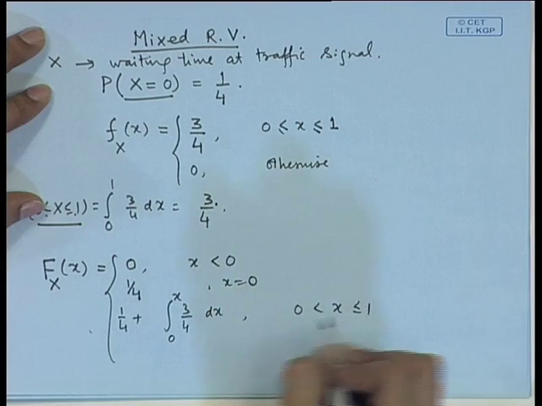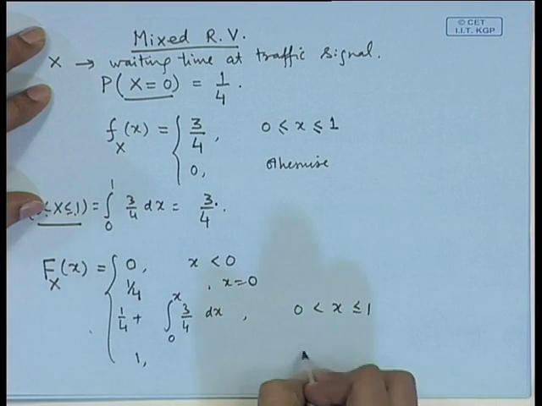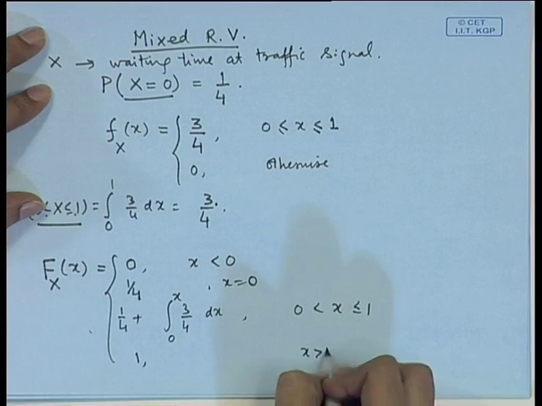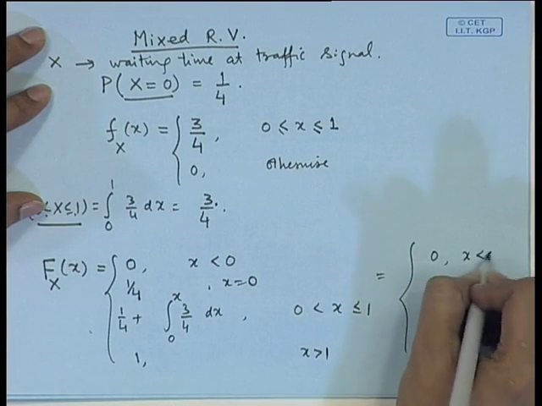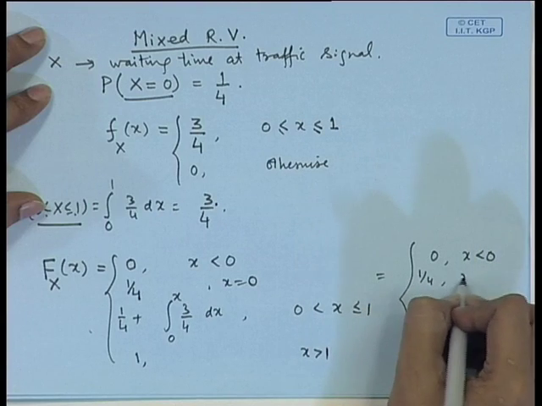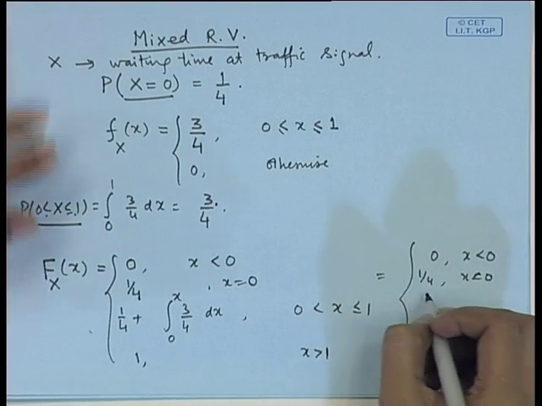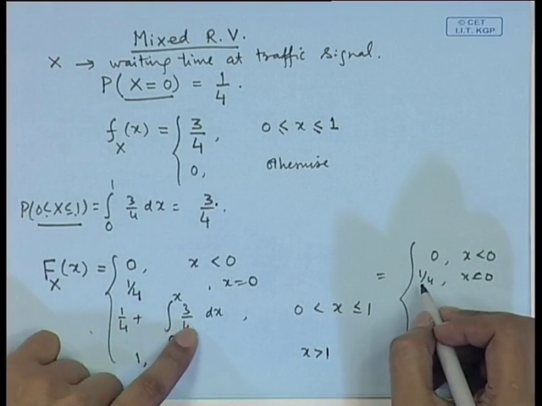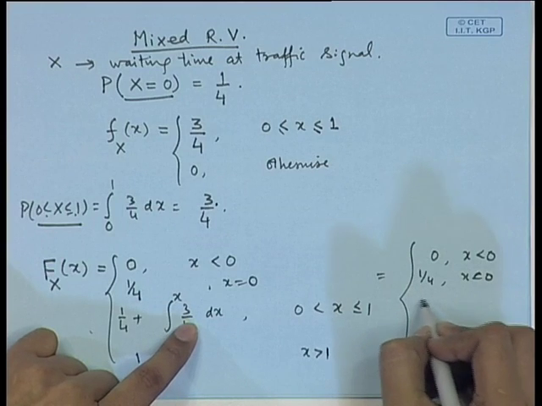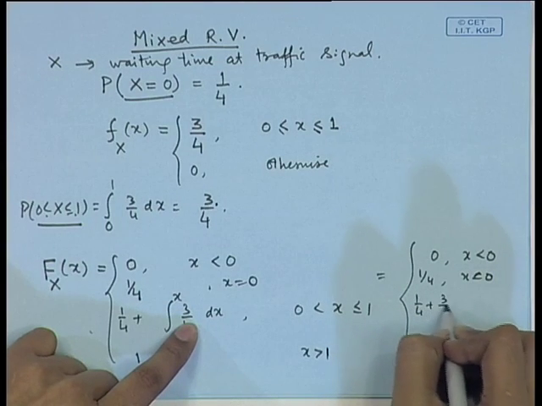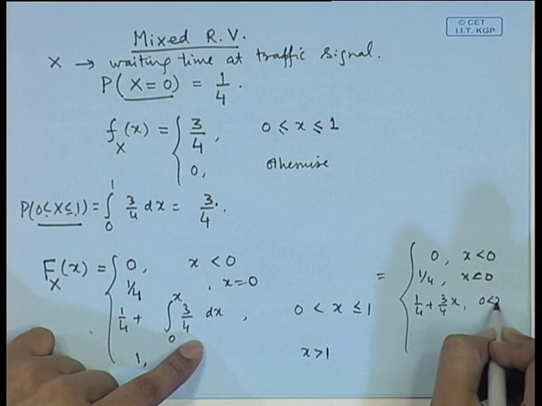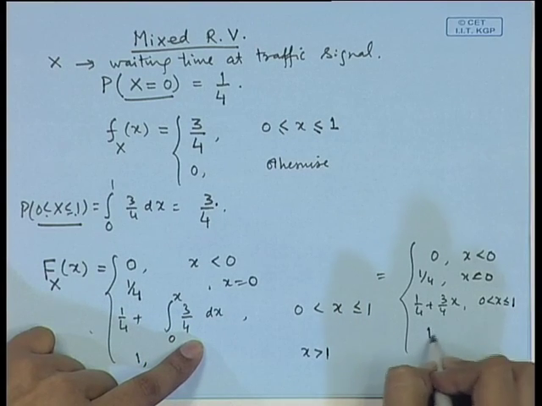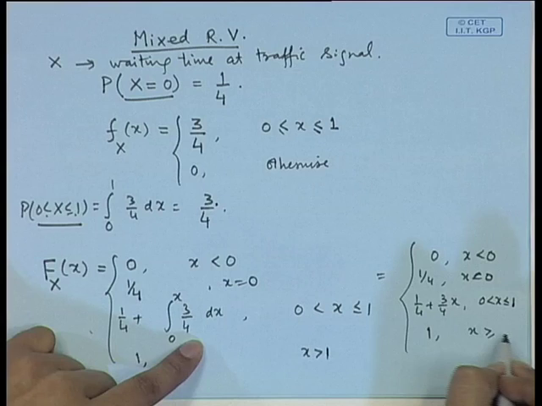And of course, it is equal to 1 for x greater than 1. So, if we expand it, it is 0 for x less than 0, 1 by 4 for x equal to 0, and here it is becoming 1 by 4 plus 3 by 4 x for 0 less than x less than or equal to 1. It is 1 for x greater than or equal to 1.